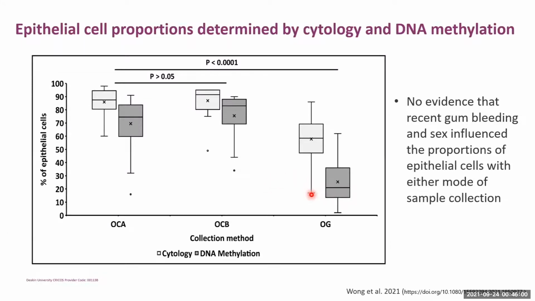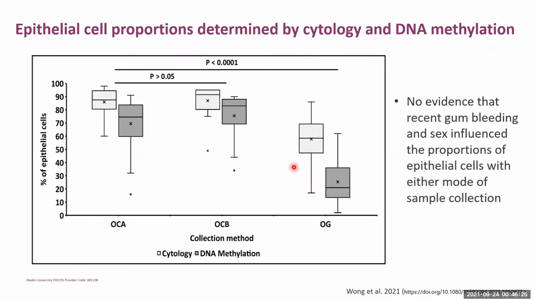We found that the proportion of fibroblasts was negligible, and immune cells and epithelial cells are highly negatively correlated. The mean proportion of buccal epithelial cells determined by DNA methylation in saliva was significantly lower than cheek swab methods, which is a similar pattern to the cytology method.